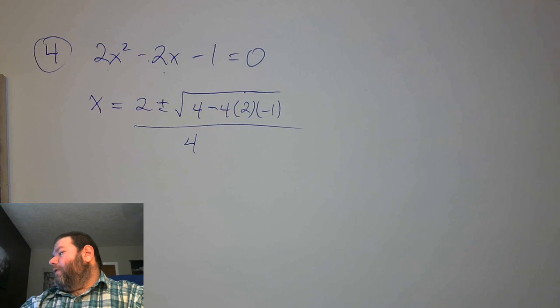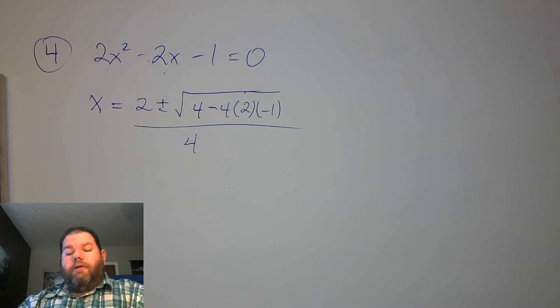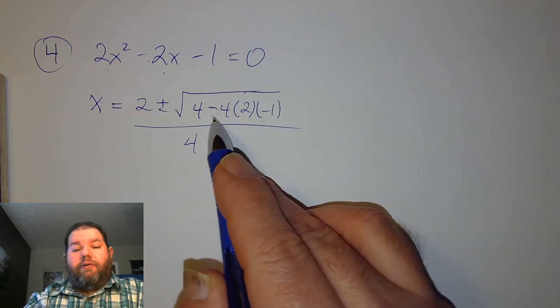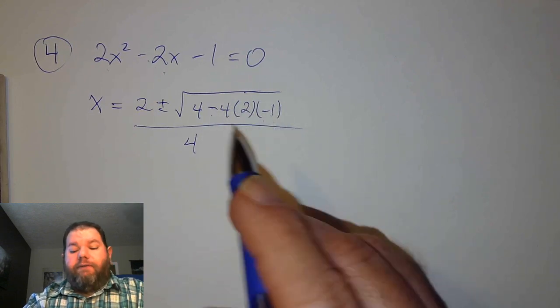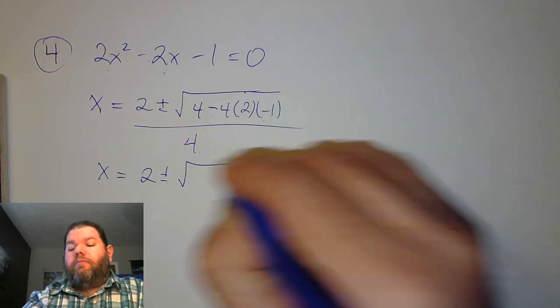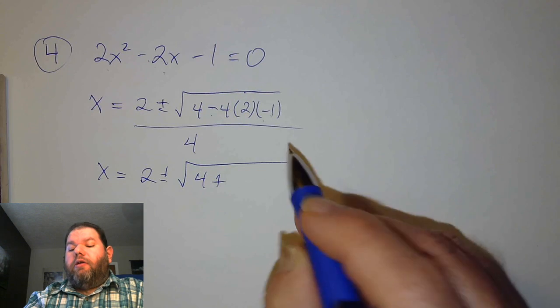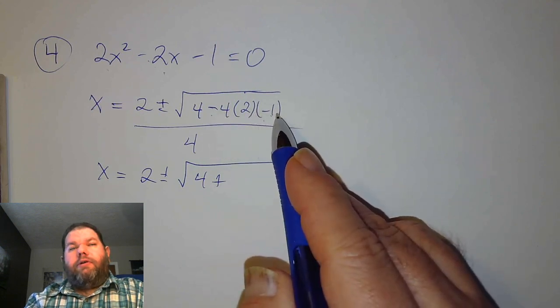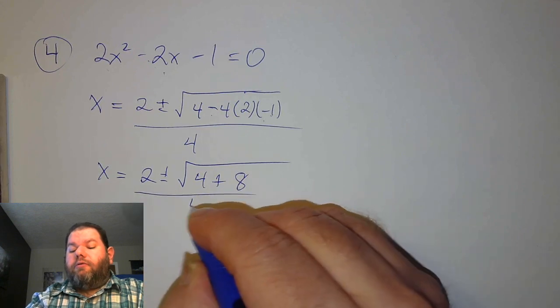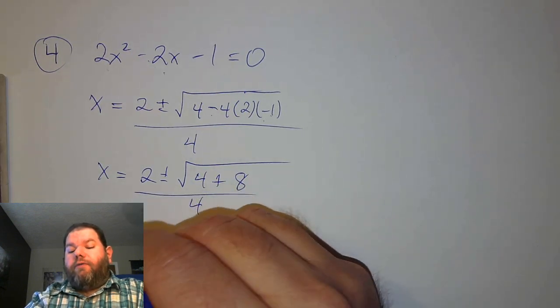Now, from this point, we go ahead and simplify under the radical, as always. Then we notice that we do have two negatives here, so two negatives will turn that into a positive. And then 4 times 2 times 1 is 8. So we end up with a 12 under the radical.